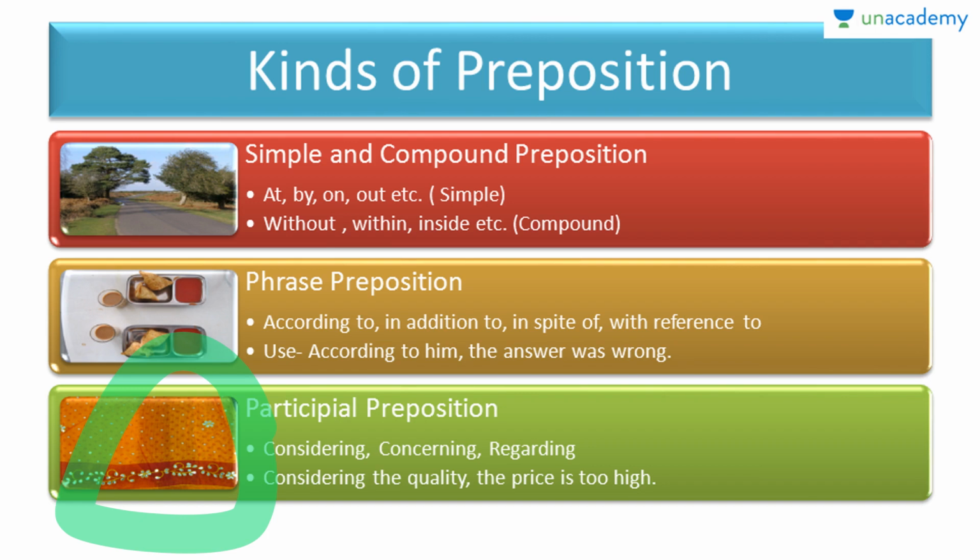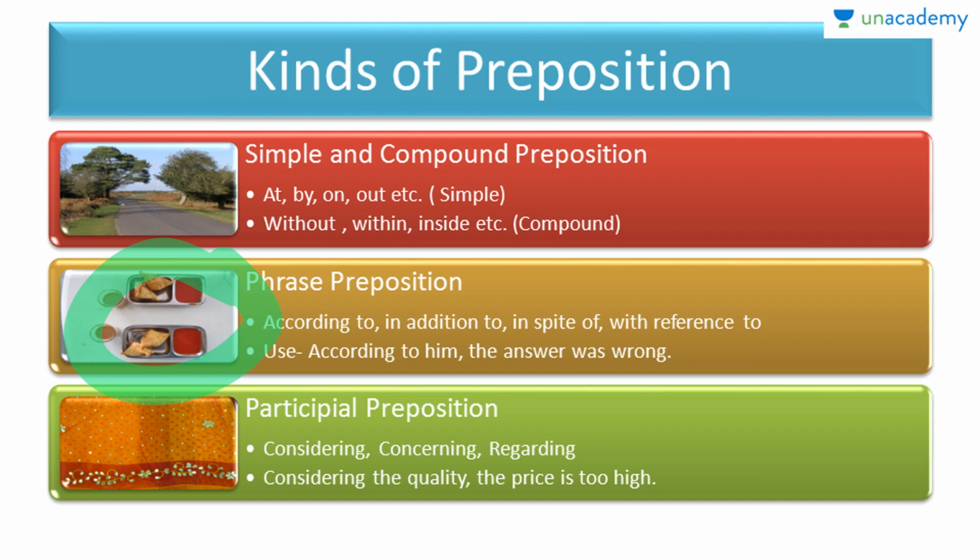Also in this example, here we have this plate of samosas and there is sauce. If somebody asks what you're having for breakfast, you are going to say, I'm having samosas and in addition to it, I have sauce.